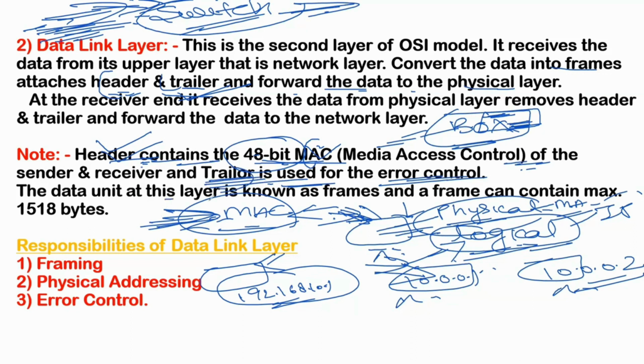The data unit of this layer is known as a frame. As we discussed earlier, in the data link layer the frame is used as the data unit, and a frame can contain a maximum of 1518 bytes, with a minimum of 64 bytes.